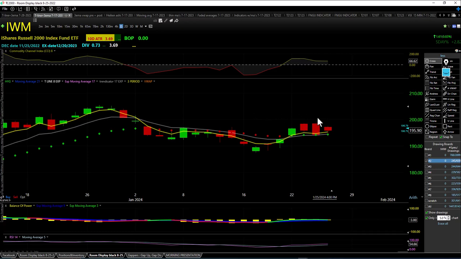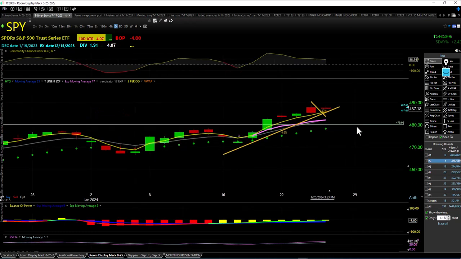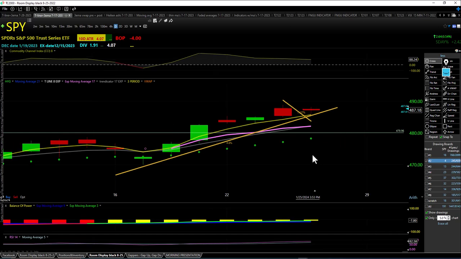And yet we had all of these sectors closing at the highs of their day, and actually seeming to have more impact on the SPY than the technology sector and the IWM have had before. But we'll see what happens here today.